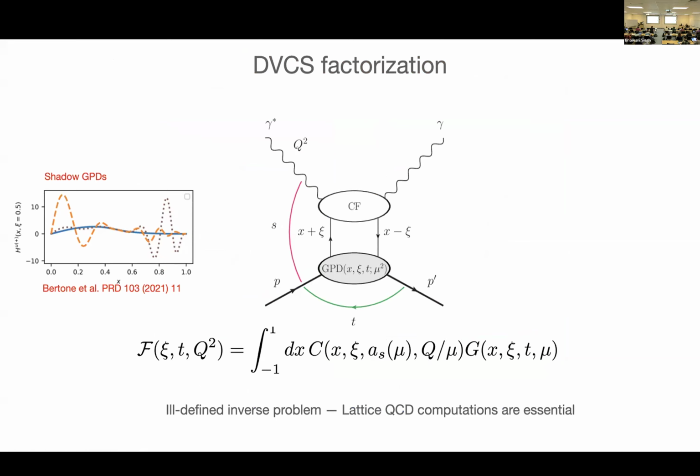And this reduction in the dimensionality of the unknown function and the known experimental result causes you to have the so-called pseudo GPDs, which means that you can add an arbitrary function to some smooth GPD that you get, and you get exactly the same experimental results. There are flat directions in the optimization of your unknowns when you condition them to the data. And that is a limitation, I would say, for experiment where Lattice QCD doesn't have it.